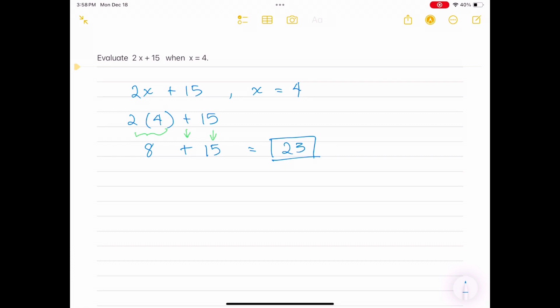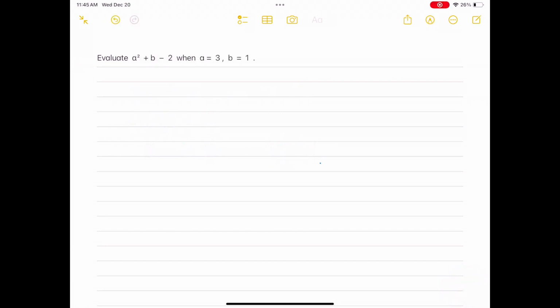We box our answer. Evaluate a squared plus b minus 2 when a equals 3, b equals 1. First we copy down the problem, as well as a equals 3 and b equals 1. We substitute 3 for a and 1 for b, and we make sure we write the number inside parentheses for both a and b, and we copy down the expression as before.